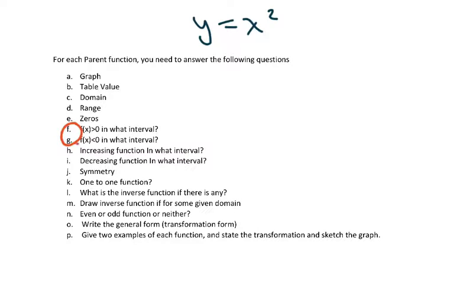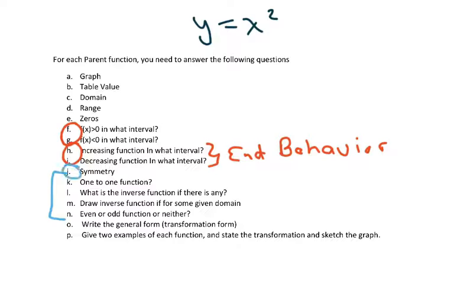These two, we're really talking about end behavior of the graph. And also the symmetry. I'm going to do J and N together, and we're going to answer all these questions.